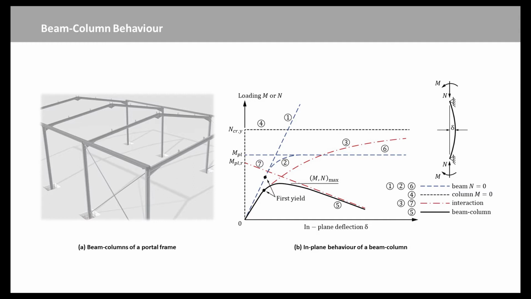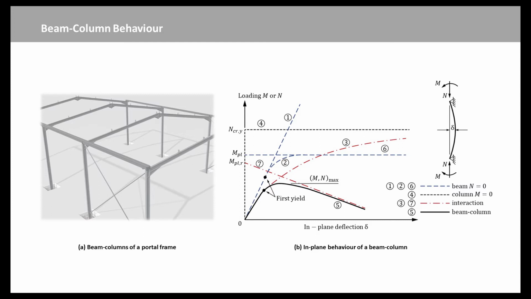Curve 2 shows the transition of a real elastic plastic beam from Curve 1 to Curve 6. The elastic buckling of a concentrically loaded compression member at its elastic buckling load NCRY is shown by Curve 4.